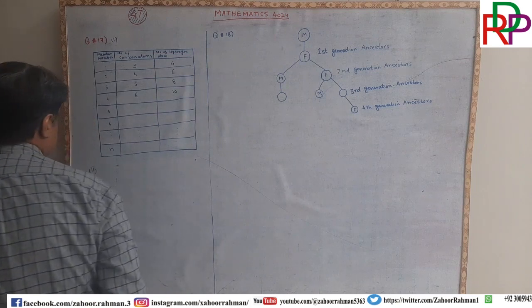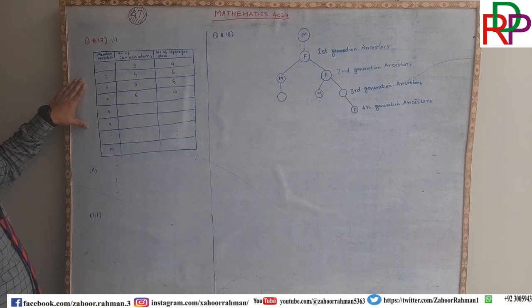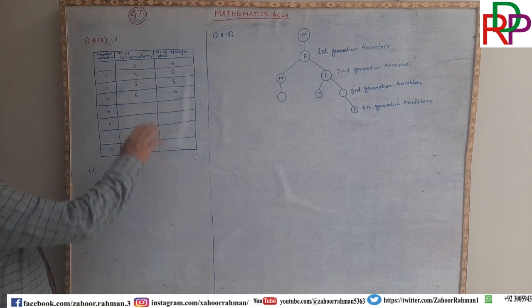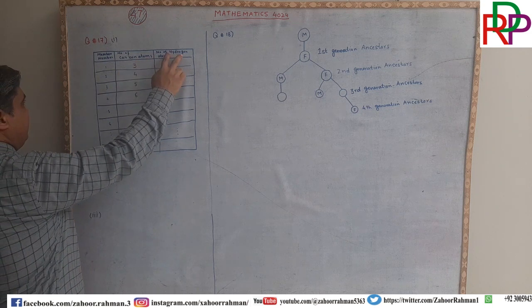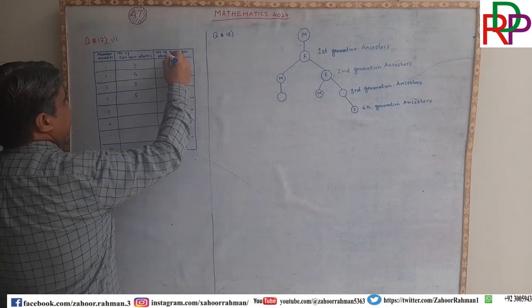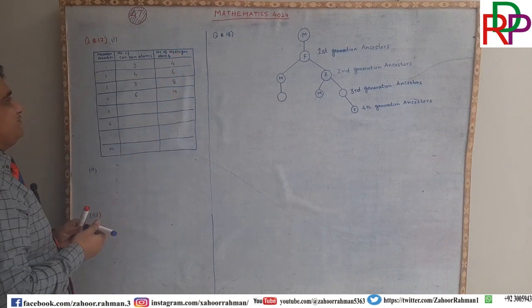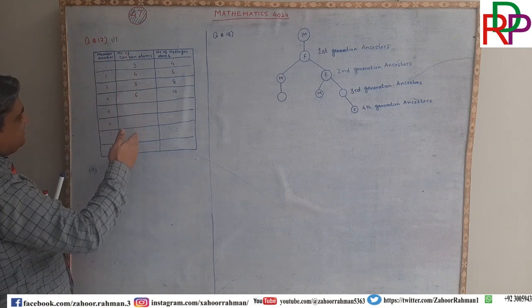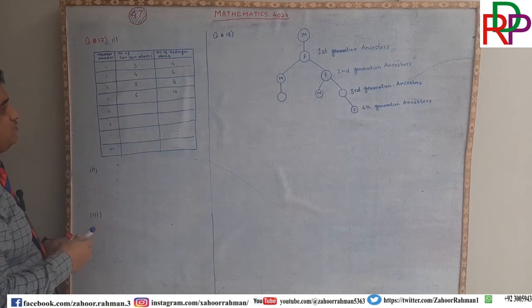Ladies and gentlemen, this table is given in the book, and the number of carbon atoms and hydrogen atoms of the first four members are given. So there is a chemical compound which is formed by the combination of carbon and hydrogen. Now we have to complete this sequence and that sequence as well.